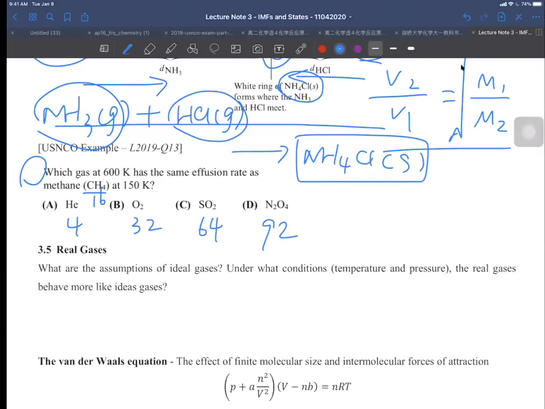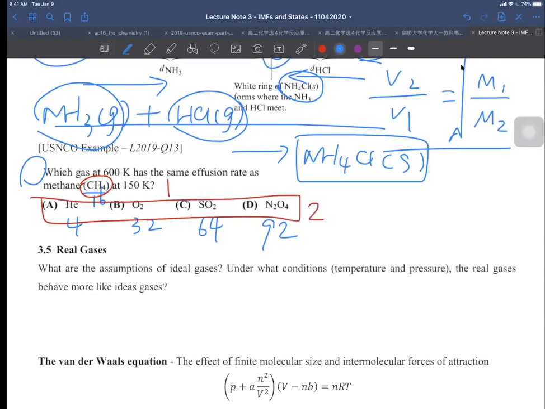Please pay attention. The temperature actually is different, okay? The temperature is different, which means the kinetic energy is not the same. The kinetic energy of the gas we need to find is 4 times the kinetic energy of CH4, right? If we suppose CH4 is gas number 1, those options are gas number 2.